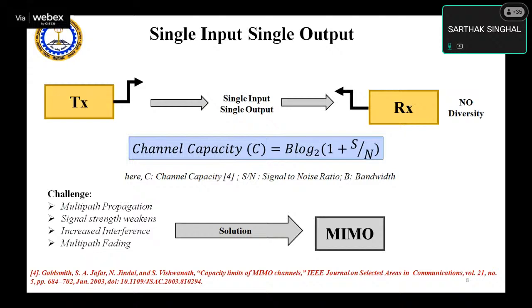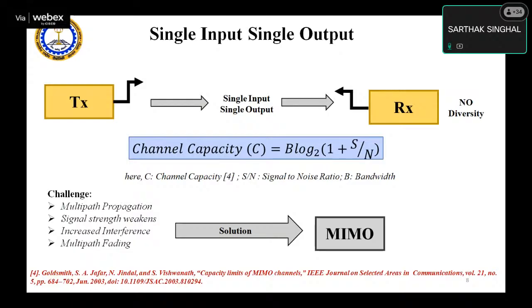Some are traveling in a line of sight communication manner, and some are coming after multiple diffractions and scatterings. So this may lead to signal strength weakening at the receiver end. The interference will be larger, and multipath fading will be there.